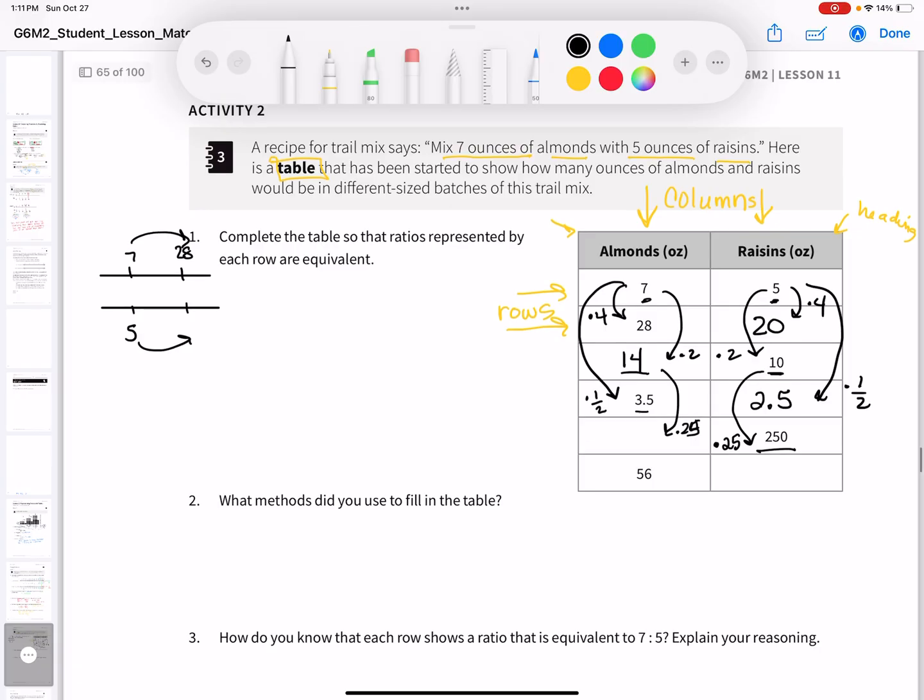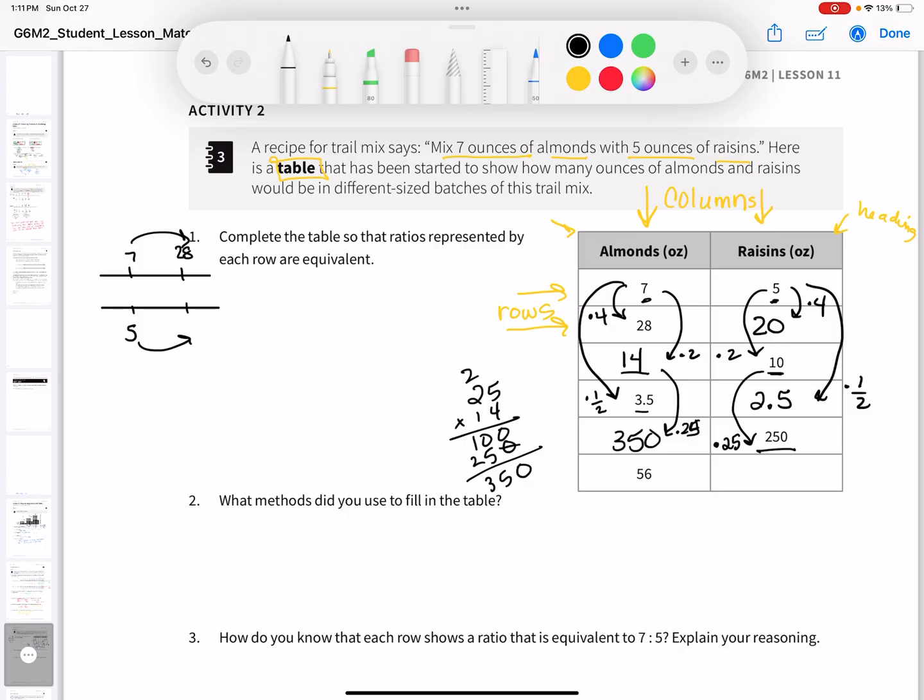So 25 times 14. 4 times 5 is 20. That's 8. That's 10. 5 and 2. So that gets me 350. So you don't always have to use the beginning ratio number. You can use any number that helps you best get to where you need to go.